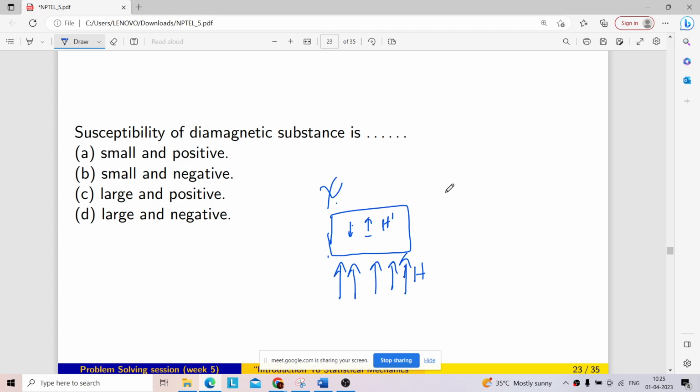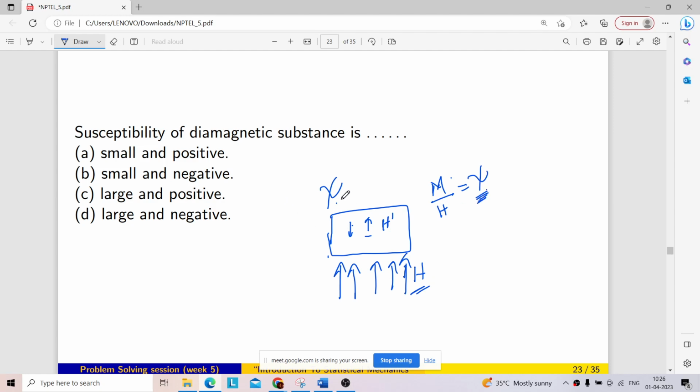So we measure this effect in terms of magnetization, and the magnetization per applied magnetic field we define as susceptibility, right? It means how easily the material is magnetized due to the effect of an external magnetic field.